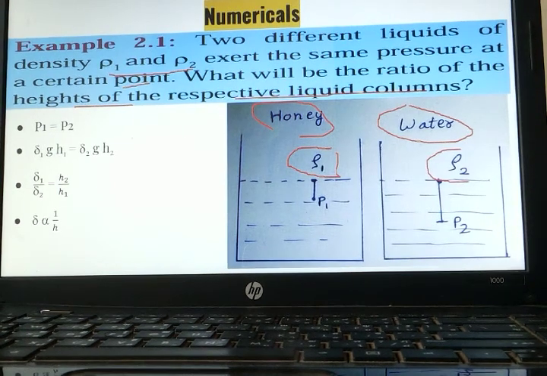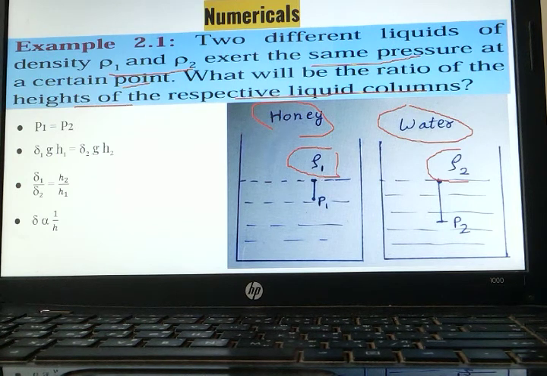As both are exerting the same pressure, it can be denoted as P1 is equal to P2. Pressure due to honey is denoted by delta 1 g h1, where delta 1 is the density of honey, g is the acceleration due to gravity, and h1 is the height at which pressure has been felt.